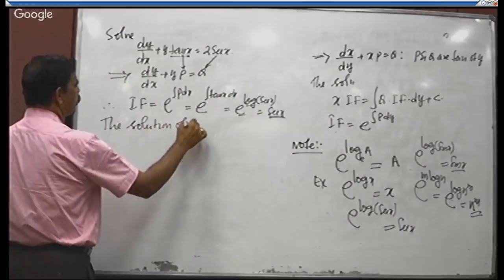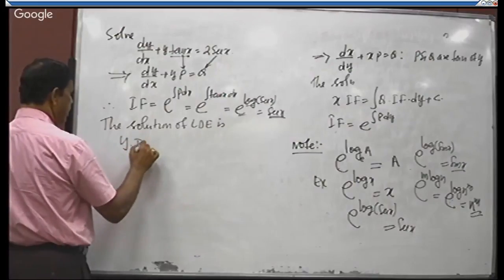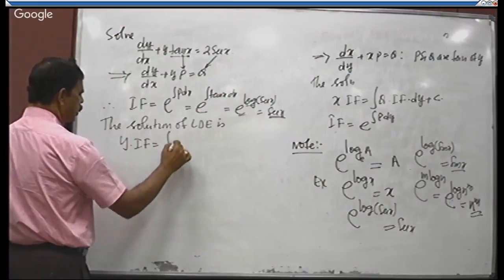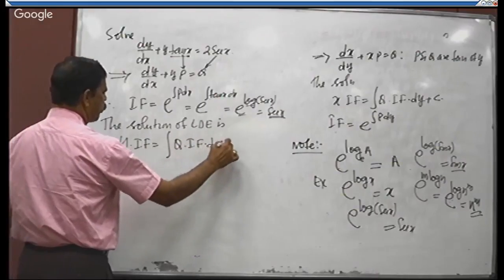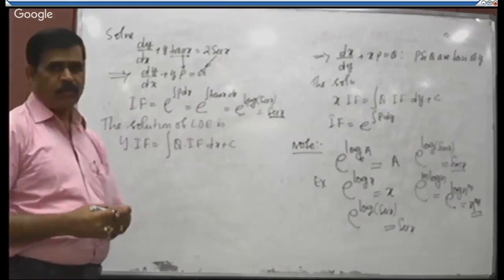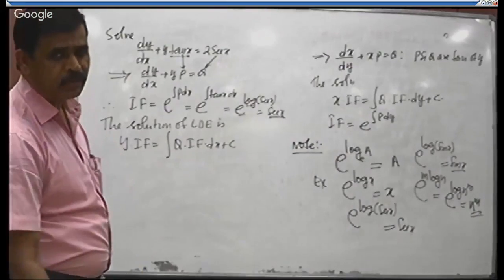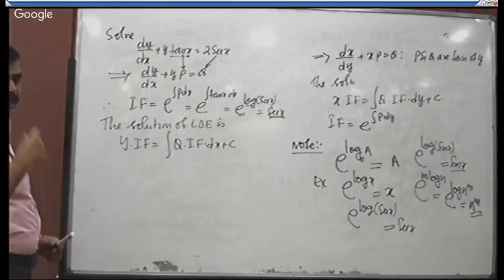The solution of a linear differential equation is y into IF is equal to integral of q into IF into dx plus c. This you need to remember, right? y into IF is equal to integral of q into IF into dx.